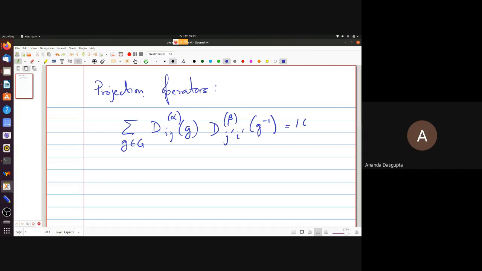This is, of course, mod G by d alpha, delta alpha beta, delta i j, delta i prime j prime. This is, of course, the great orthogonality theorem. Okay. So now this is going to be what we will use.